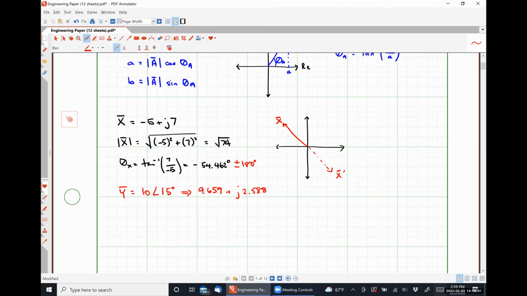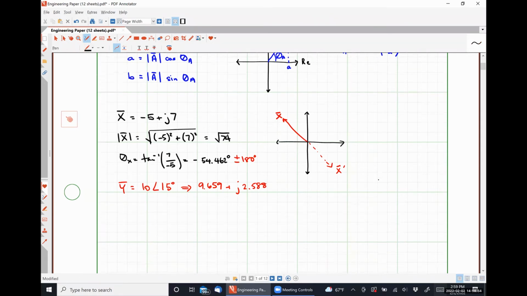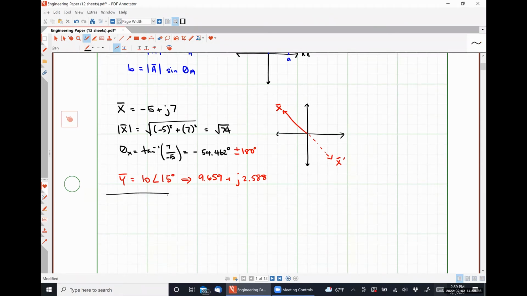All right, so the next thing I want to talk about is mathematical operations using complex numbers, okay? So the first operation that we are going to talk about is the conjugate operation. And this is unique to complex numbers, all right?